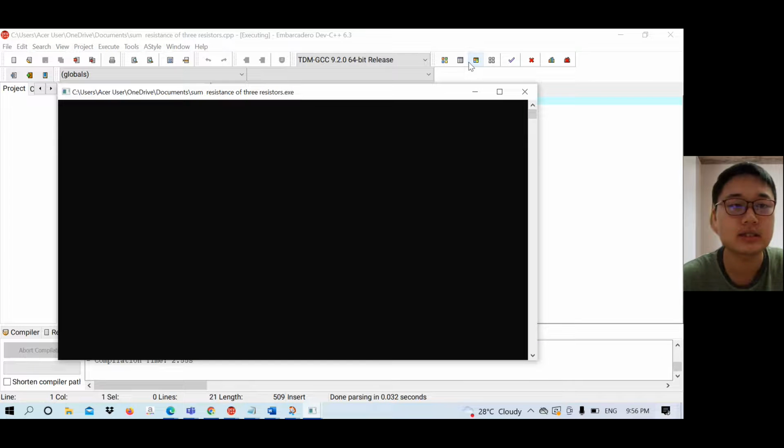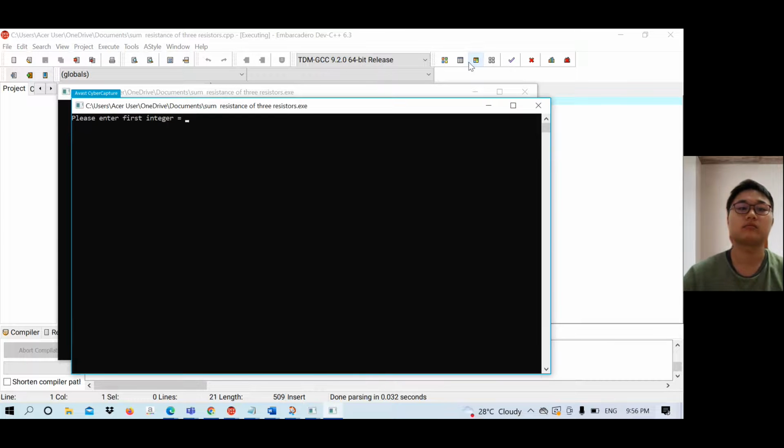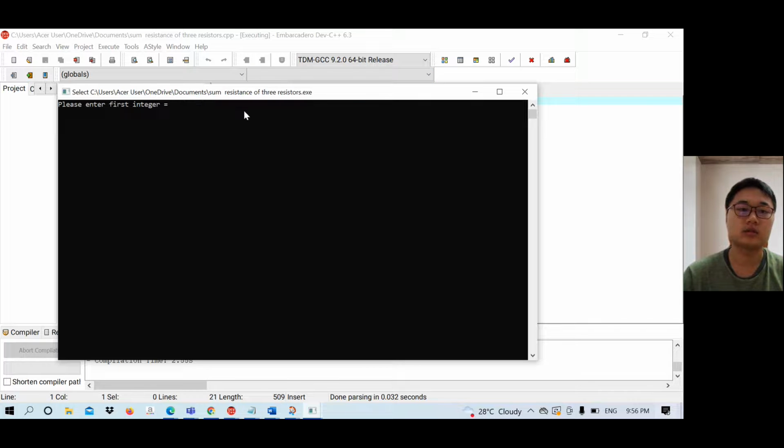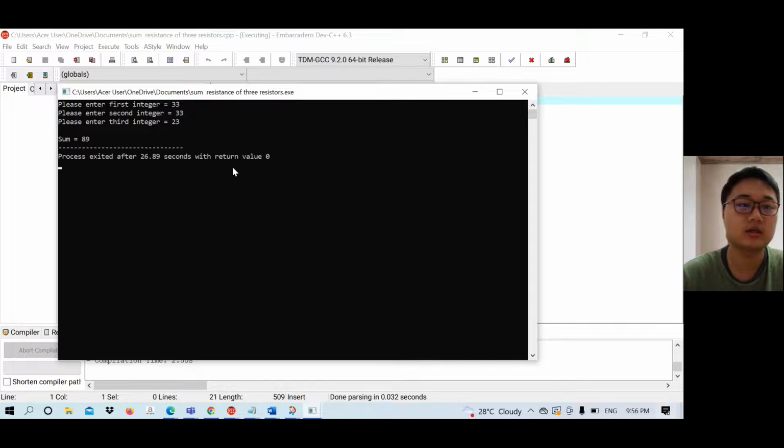to get the total resistance of the circuit. So, please enter first integer. For example, I write 3. Please enter second integer, 3, 23.